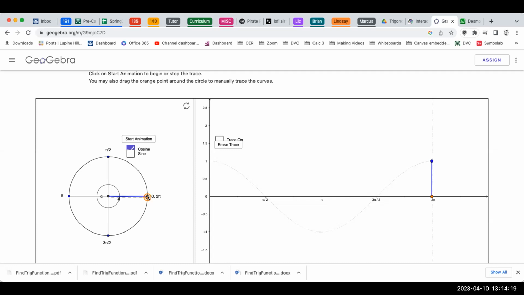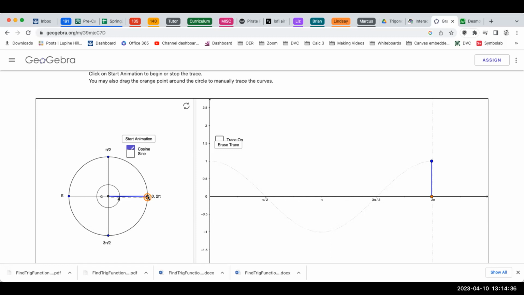Okay, so let's take a look at what you have in your notes. Let's quickly review the graph of sine.